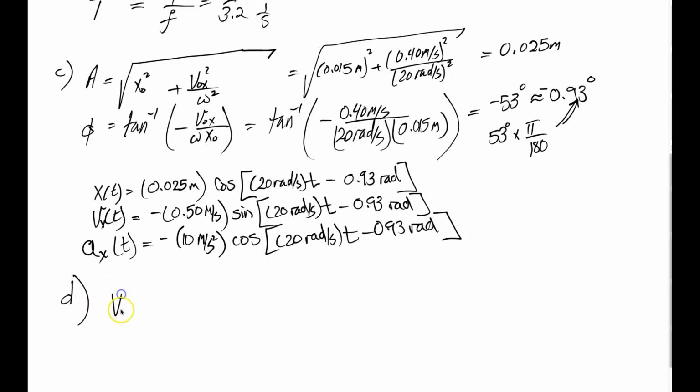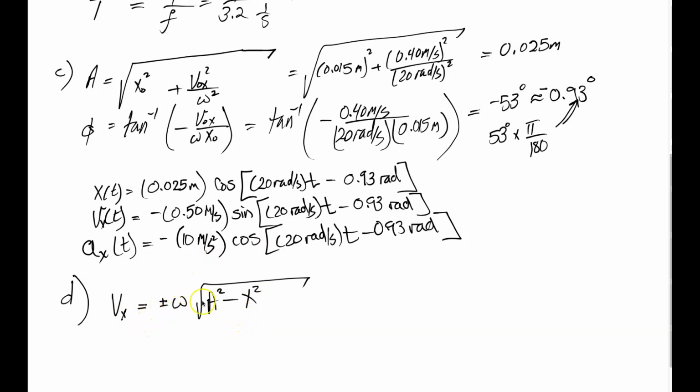For part D, we can use the formula that says that the velocity as a function of displacement is given by omega times the square root of the amplitude squared minus x squared, where the velocity is at some point x, that's going to be this x here. Now we have a choice to make.